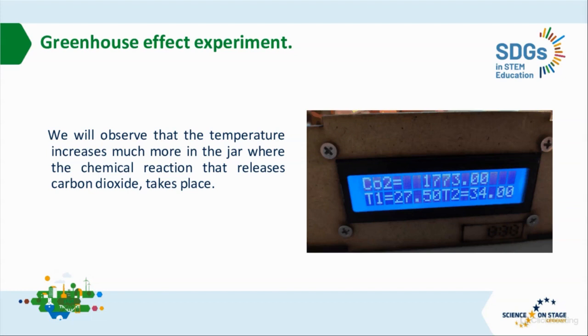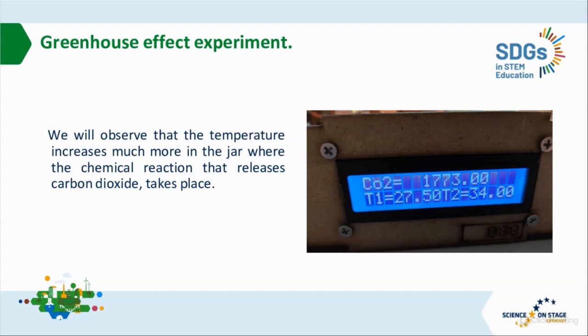In the one without carbon dioxide, the temperature is 27.5 degrees Celsius, while in the other one it is 34. Now, this is not the final outcome of the experiment because it increased a little bit more than this. And to get these values, it took us less than 9 minutes. So the experiment runs really, really fast.